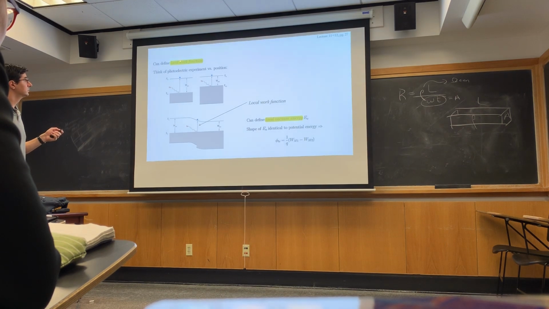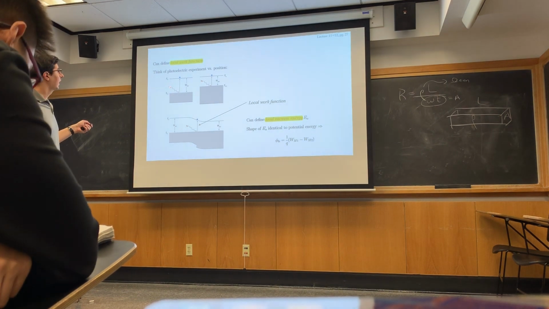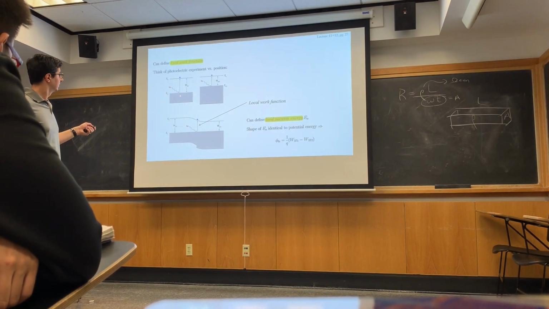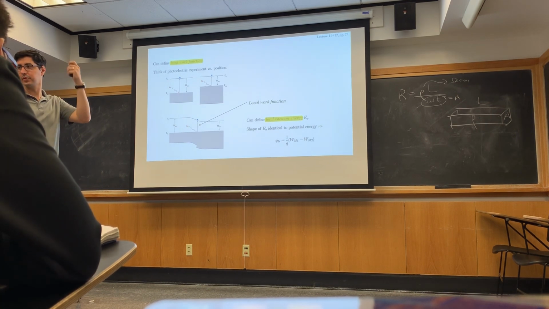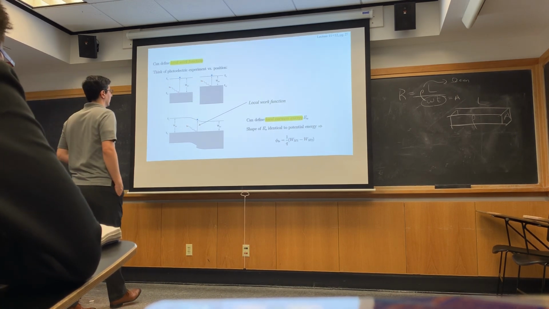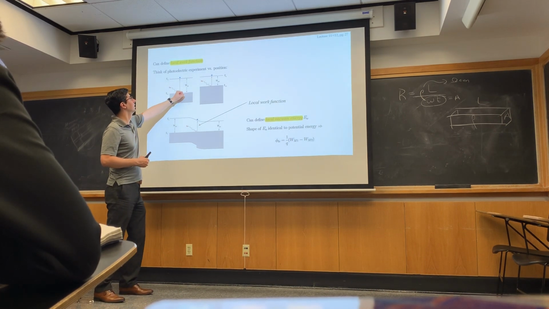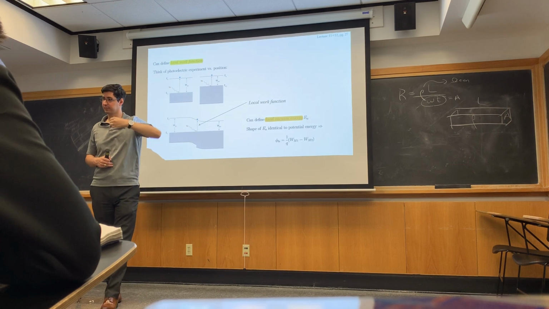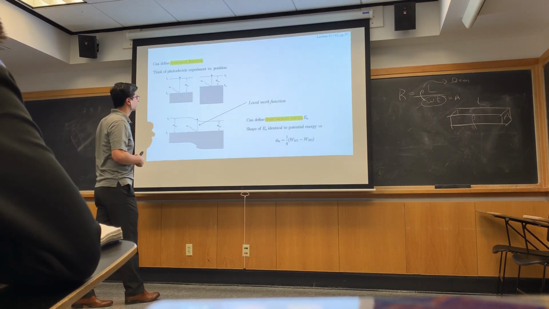The work function, okay, is if I had a material like this and I shone light on it, it's whatever light it would take to knock an electron up from the Fermi level off outside the material.